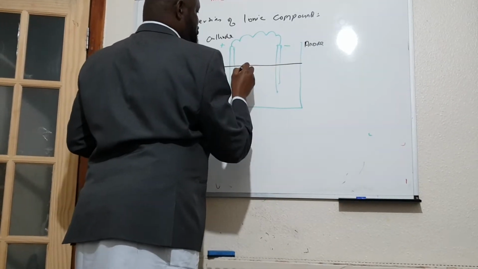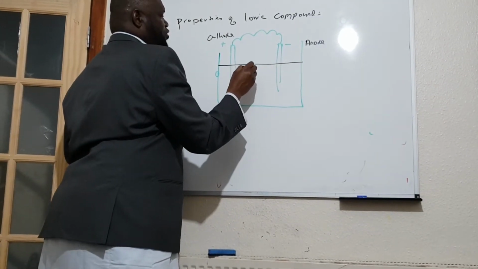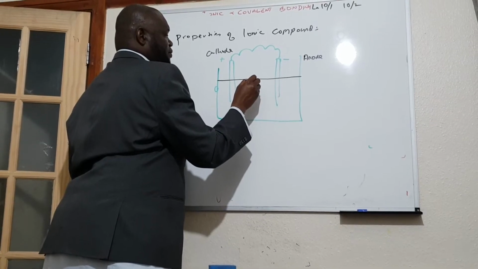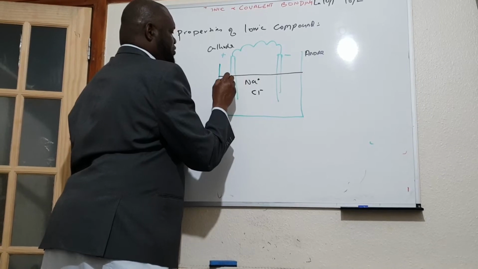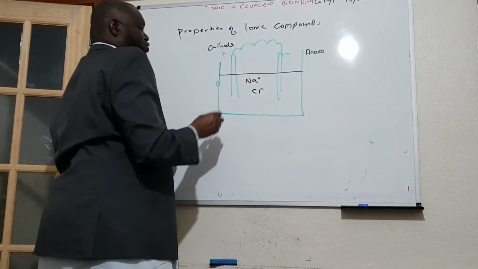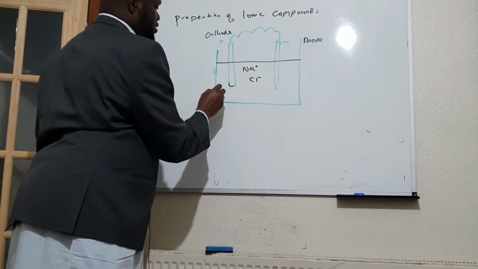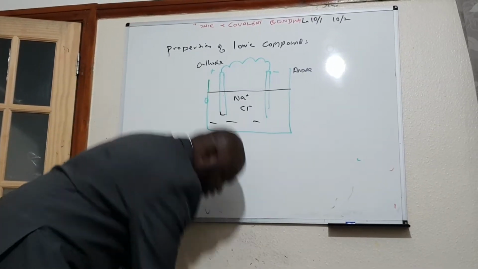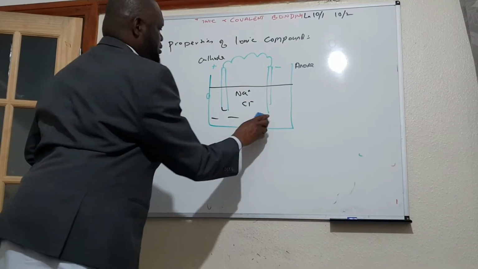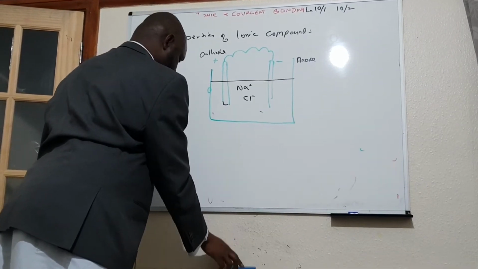Then this molten solution, let's say, is sodium chloride, yes? The sodium chloride will be in liquid state in it. There will be ions in it. Okay, sorry, let me do that with another pen.